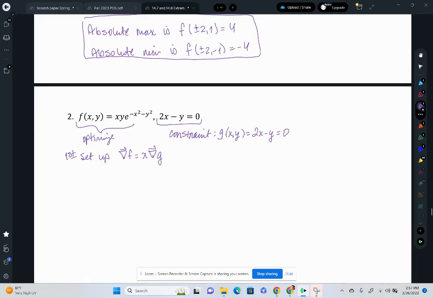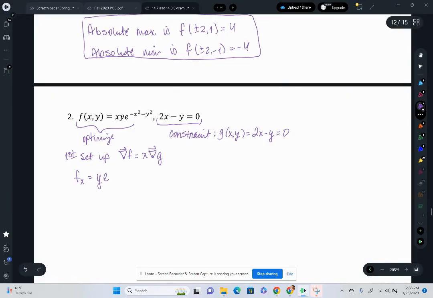I'm going to need those first partials of f, and they're not trivial. They're a little bit more complicated this time, so I'm going to work those out not in a vector. f sub x, it looks like I have a product rule because I have an x y and I have an e to the minus x squared minus y squared. So the derivative of x is 1.